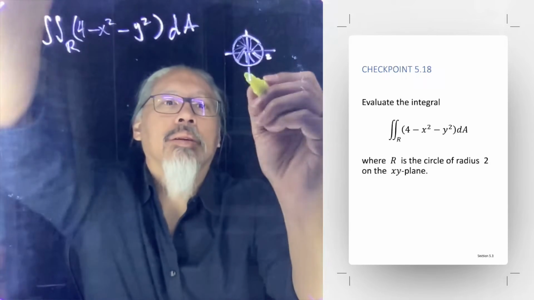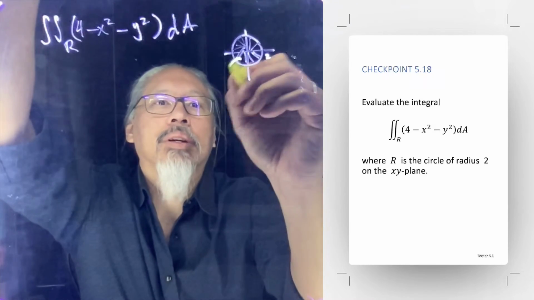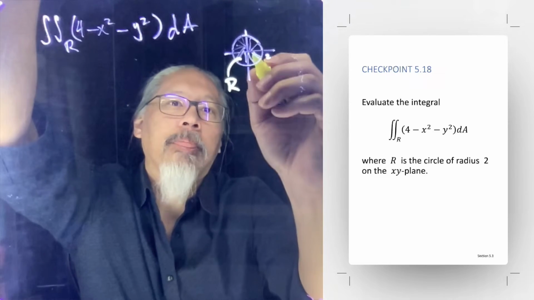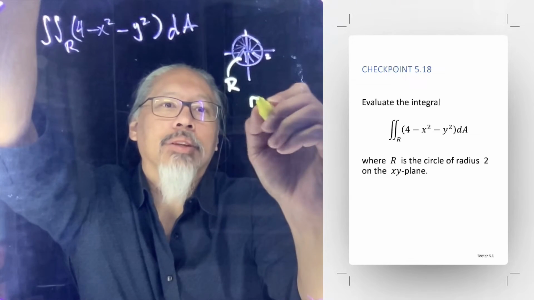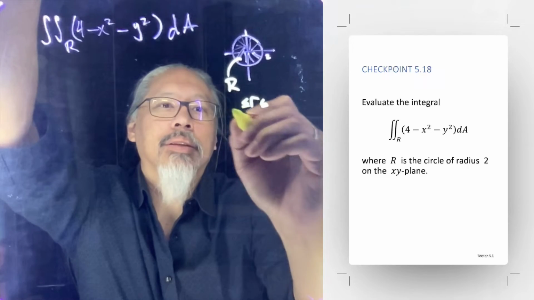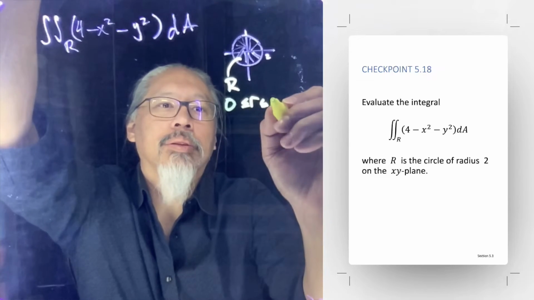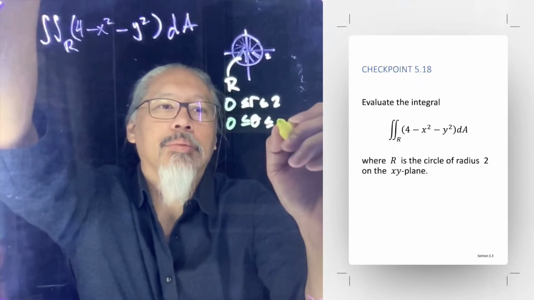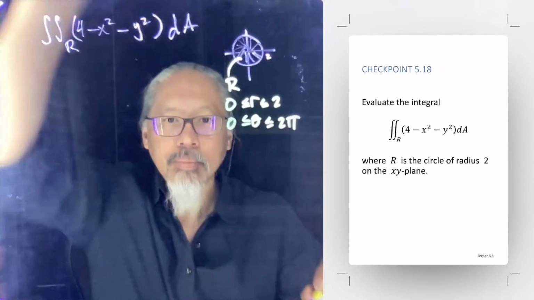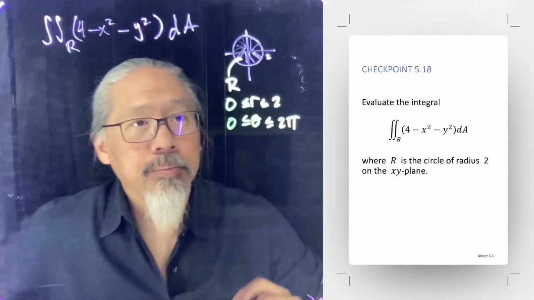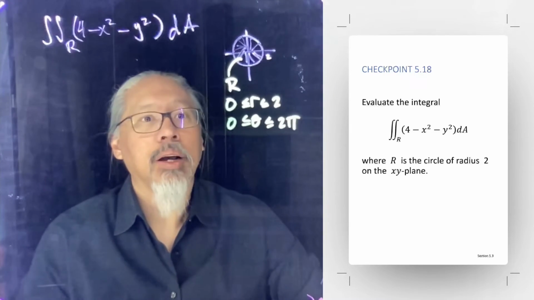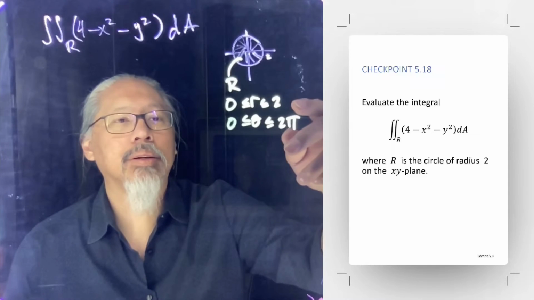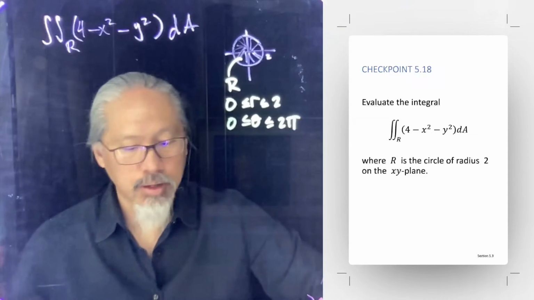We want to establish our information about our region, and for that we can describe it easily with constants. 0 to 2 for the radius, and theta goes all the way around from 0 to 2 pi.